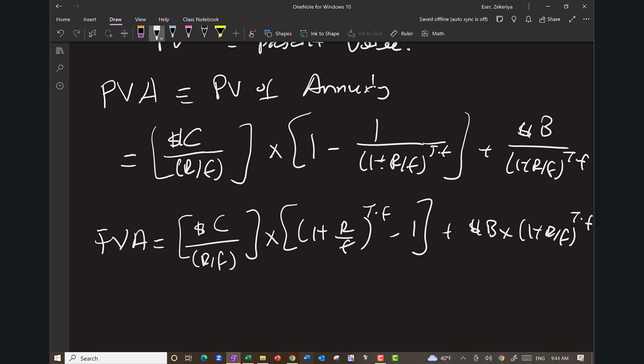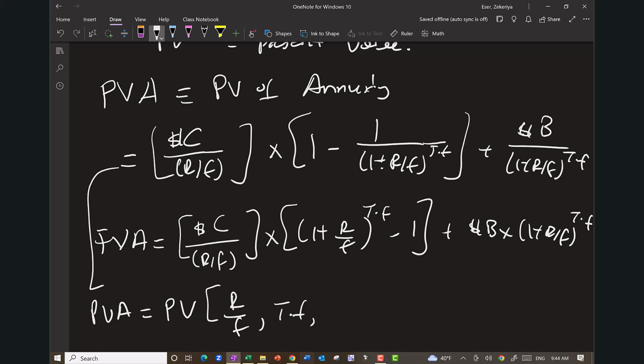And luckily we actually have Excel functions for these. So for PVA, we're going to write PV, short for present value, R over F, T times F, minus $C minus $B.